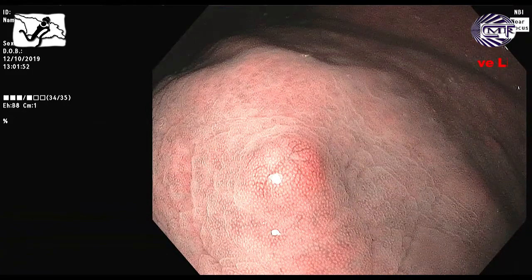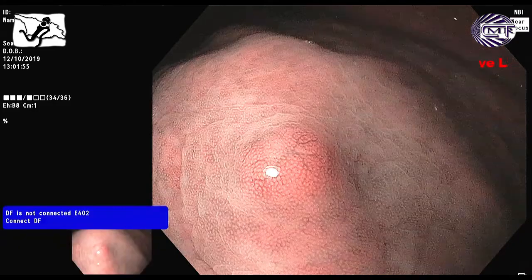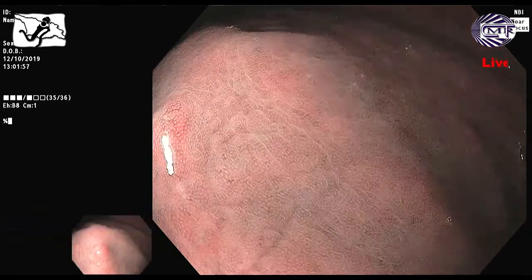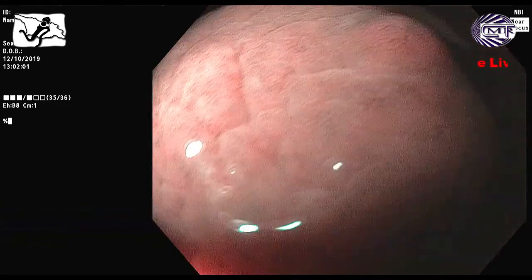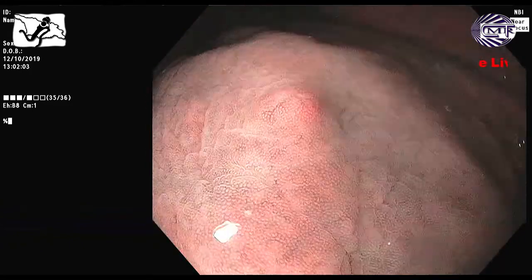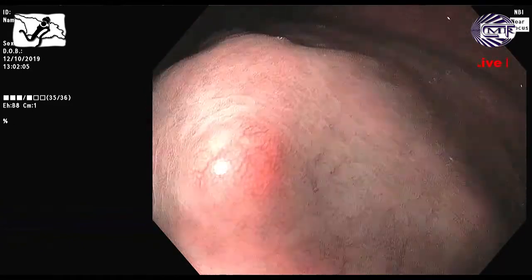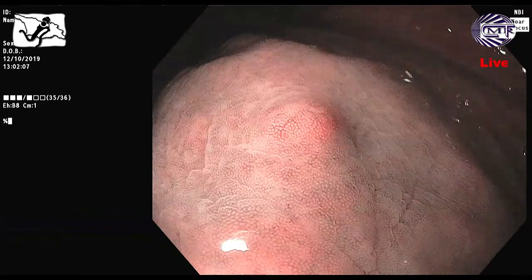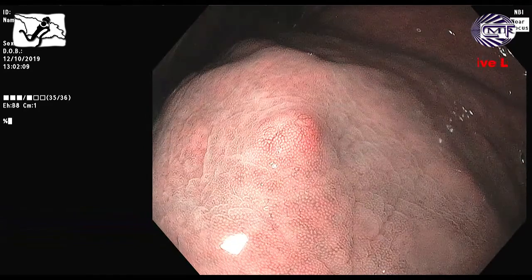Okay, how about it? This lesion is just surrounded by the intestinal metaplasia like this, and the shape is a little bit almost the same, right? It seems to be honeycomb, right? The dots are surrounded by the honeycomb, right?